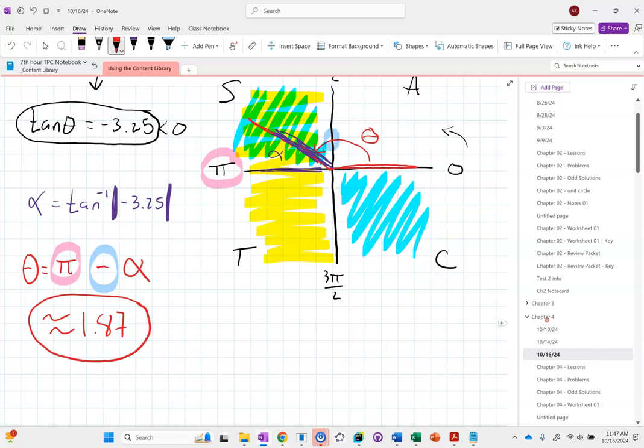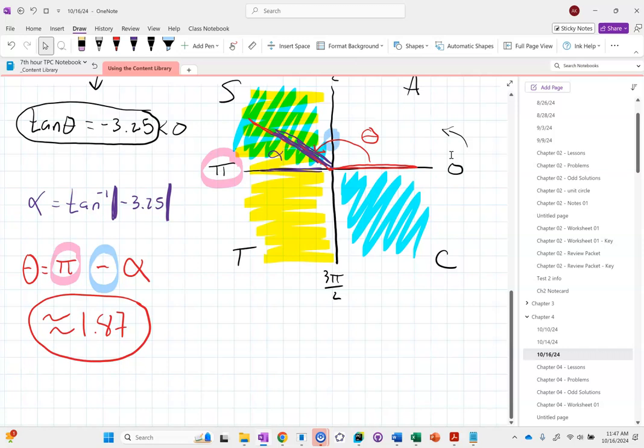If I do tan inverse of negative 3.25, or I'm sorry, positive 3.25, that's the alpha value. I don't care what alpha is. I care what theta is. So theta is 1.7? Correct. So alpha is just the value that I'm using to compute theta.